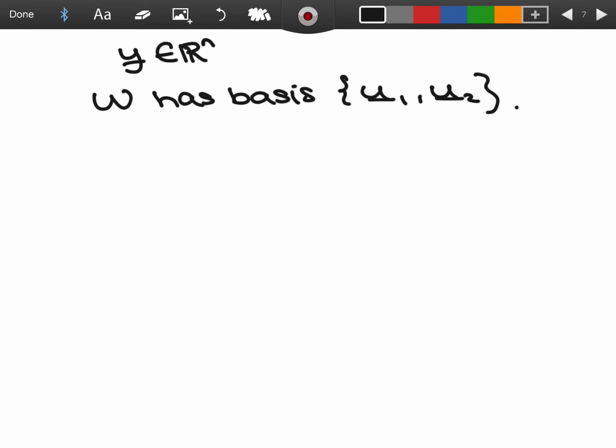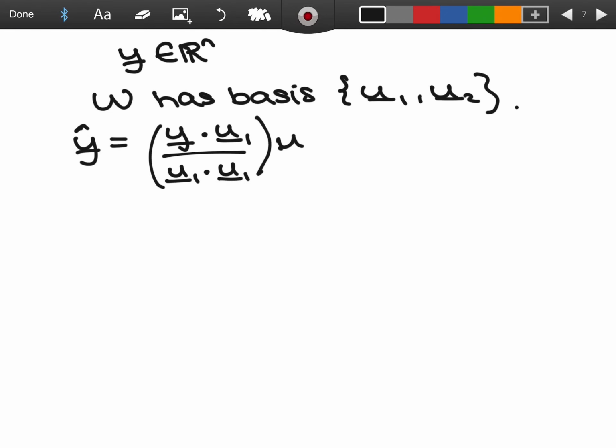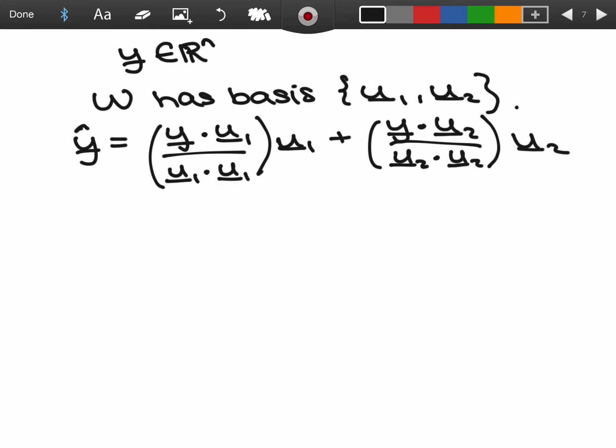And the way that we find y hat is, as always, exactly the same as the last example. So that is the closest point to y that lies in W.